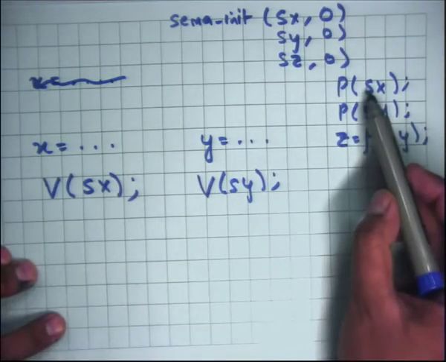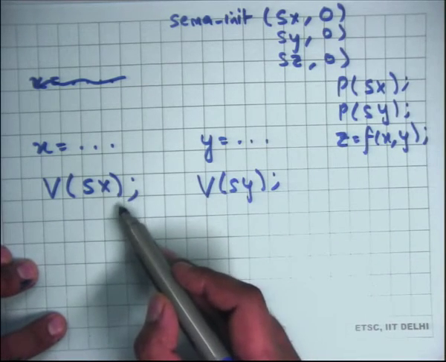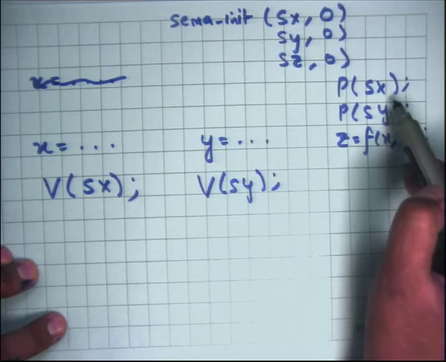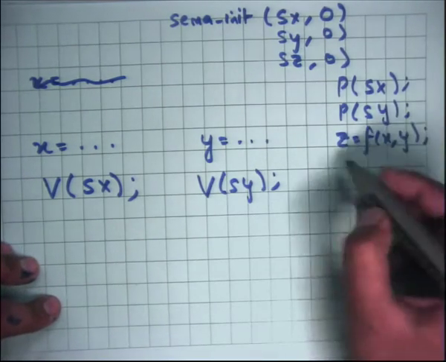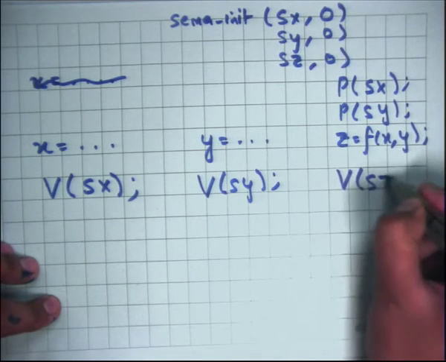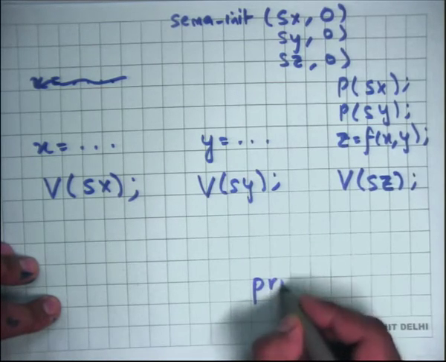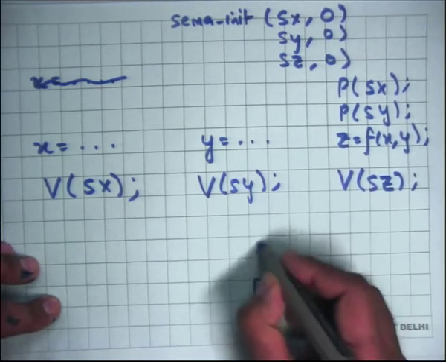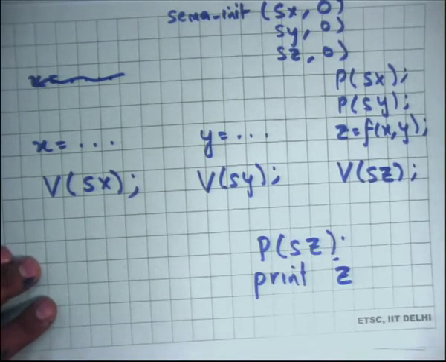So, p is going to have the effect of waiting for somebody to have called v. Only if somebody has called v would I ever be able to come out of p, right, because I initialized it to 0. So, this is an example of how you will do scheduling, and then after you computed z you may say v of sz, and of course before the print z you may want to say p of sz, right.